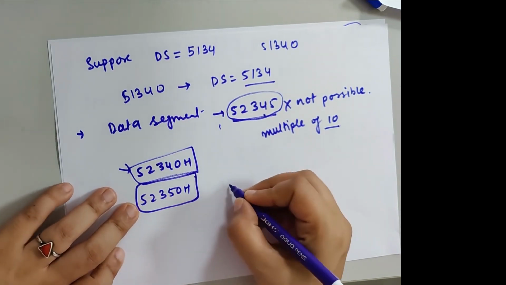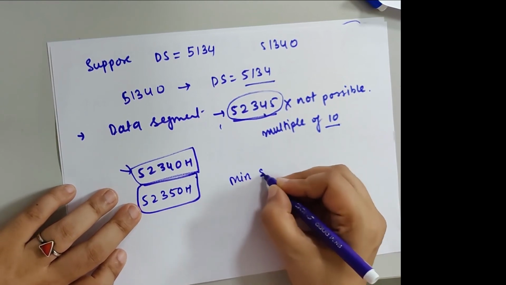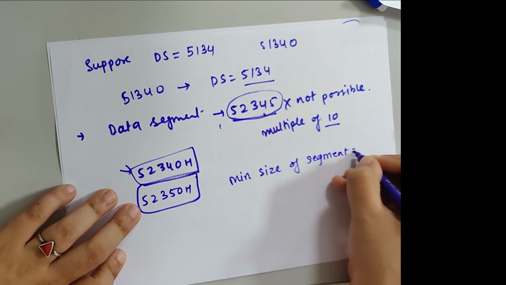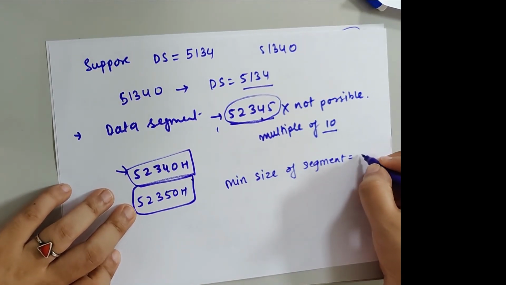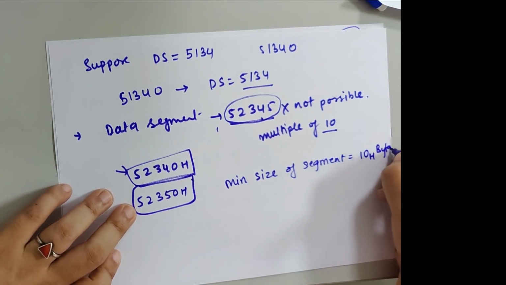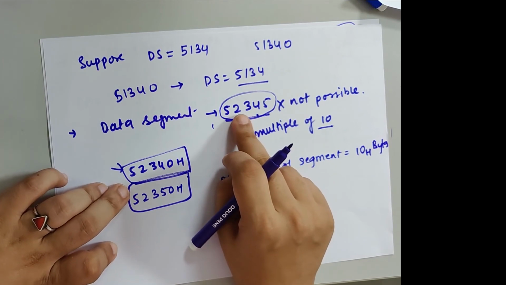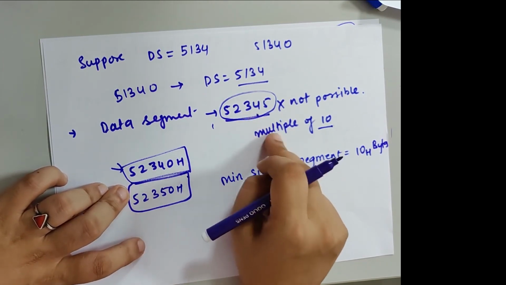Okay, so what is the minimum size of a segment? 10H bytes, right? Because we cannot begin a segment at a location which is not a multiple of 10.